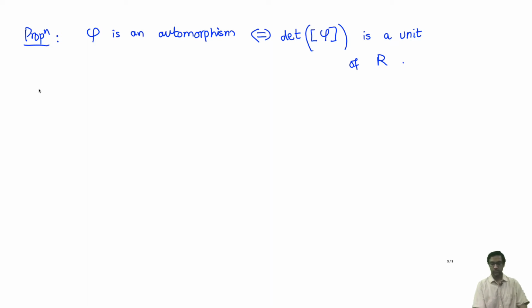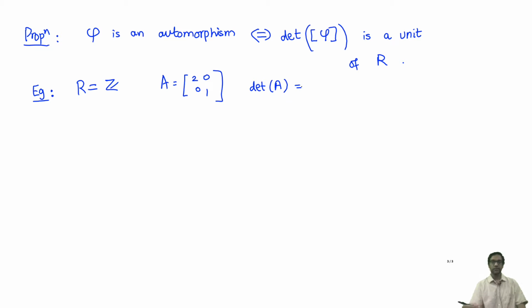Okay, so before actually getting into the proof and explaining more about this, let's just do an example. Suppose I take the ring R to be Z, and suppose I take a matrix A which is, say, 2 0 0 1, a very simple diagonal matrix. Well, the determinant means the usual thing. You know how to take determinants of matrices by using the formula, expanding along rows or columns and so on.